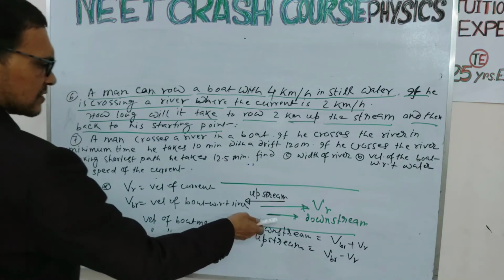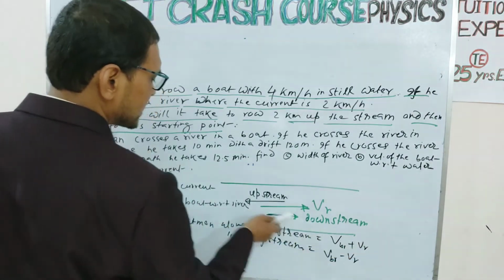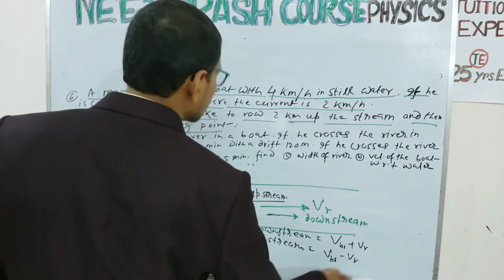So in downstream two velocities will be added and in upstream two velocities will be subtracted.